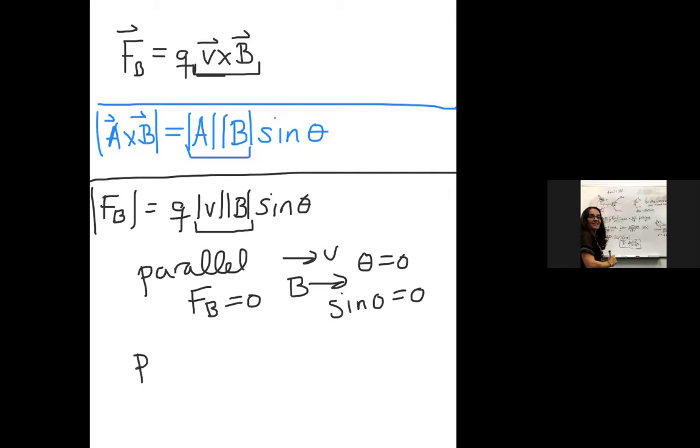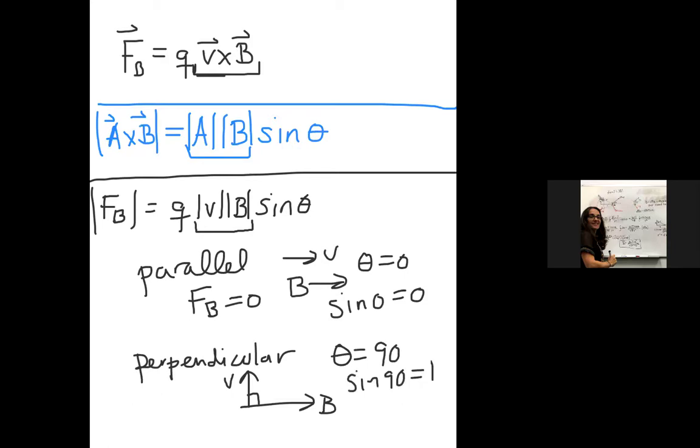And what about perpendicular? Now if the B field points this way and the velocity points that way, the angle between them is 90, and sine of 90 is the greatest value, 1. So perpendicular gives you the maximum magnetic force, and parallel gives you 0.